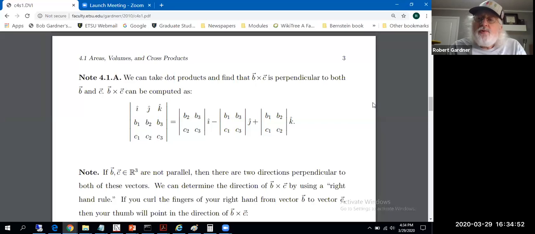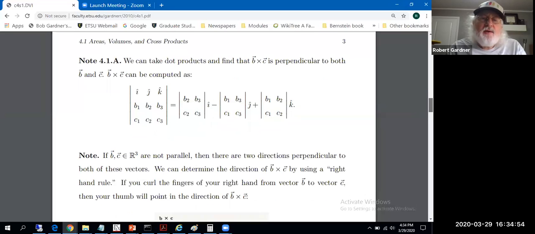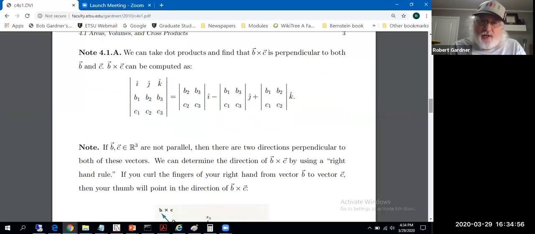We can compute, so here's a little symbolic way, and this is foreshadowing determinants of 3x3 matrices. Right now it's just a little picture to help you remember how to take a cross product of two vectors. We could compute the cross product of B and C as follows. We're going to put I, J, and K in the first row of this matrix.